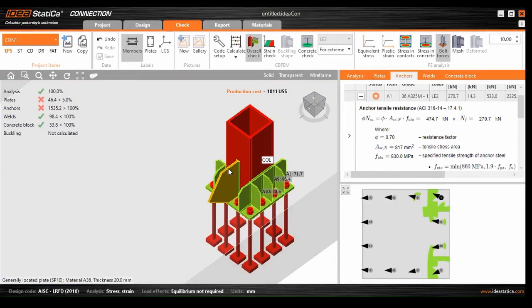Now I think we have to go through stiffness analysis to find out whether the connection is rigid, semi-rigid, or pinned. Create a copy of the current project. Here, click on copy.